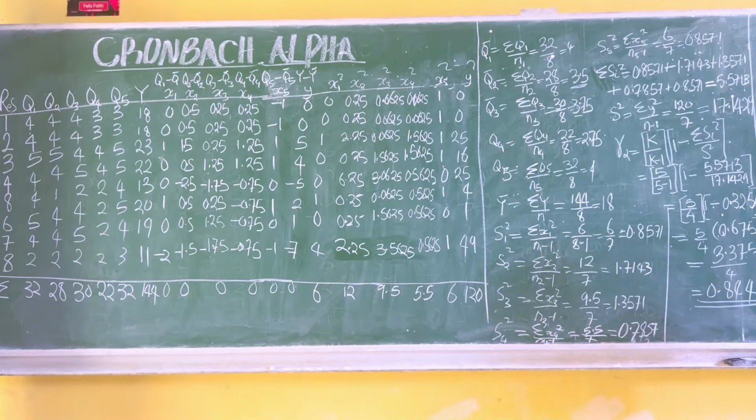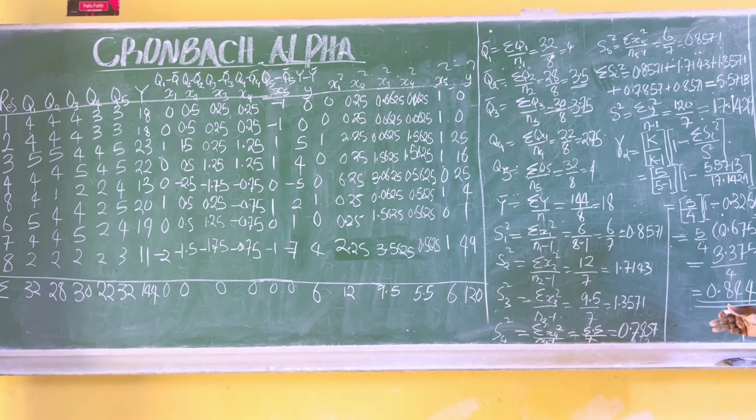Now, if you look at the information we gave at the initial time, we said that if you calculate your Cronbach alpha as values between 0 and 0.49, then we conclude that the scale is unacceptable. If the value is 0.5 to 0.59, we conclude that the scale is poor. If the value is 0.6 to 0.69, we conclude that the scale is questionable.